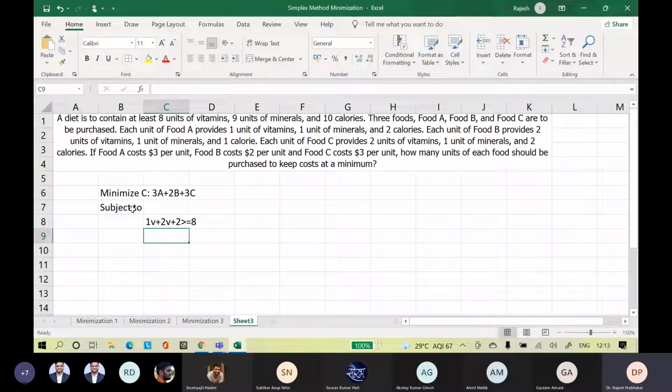So next is minerals: 1m plus 1m plus 1m greater than or equal to 9.